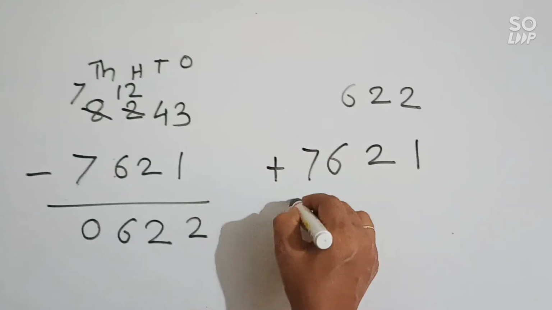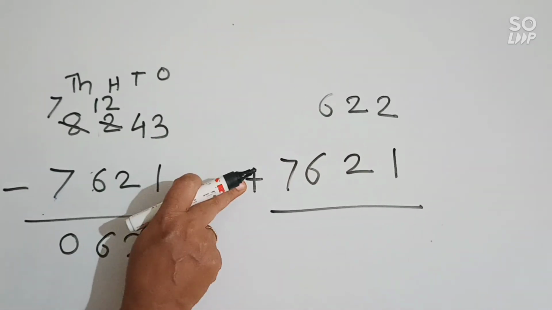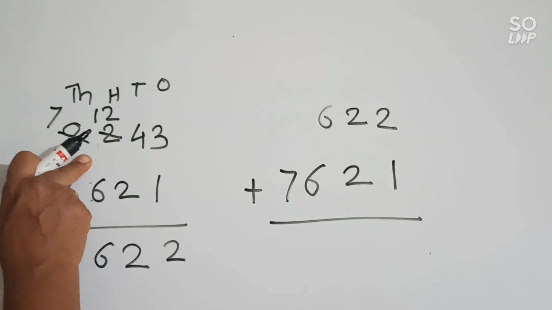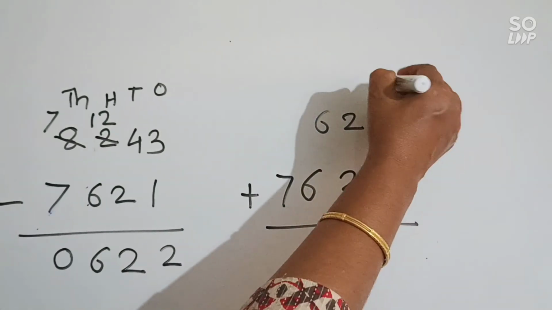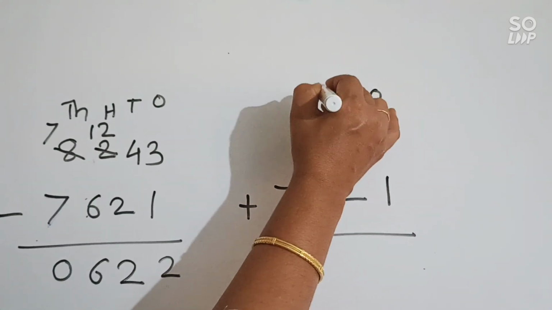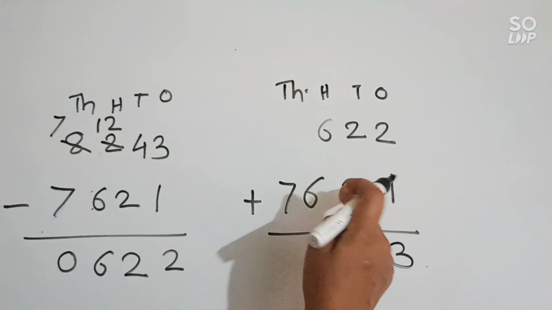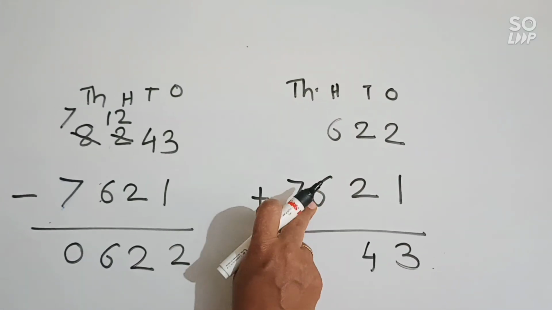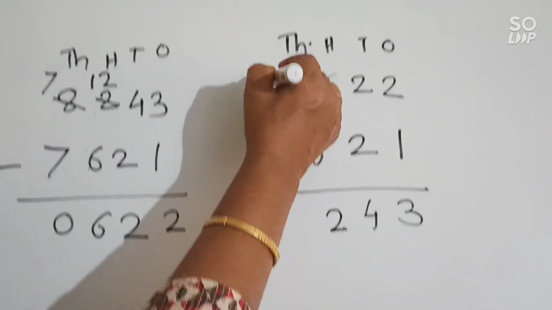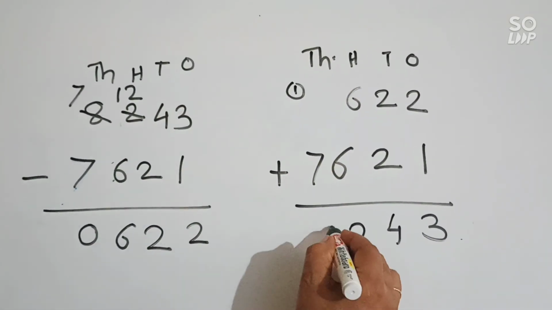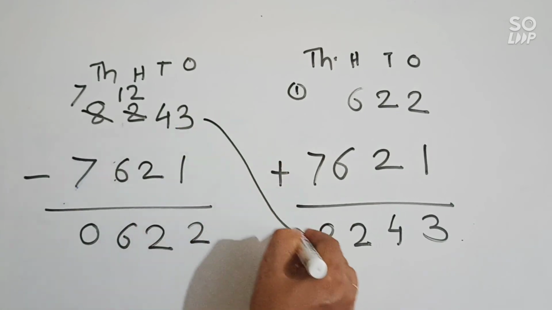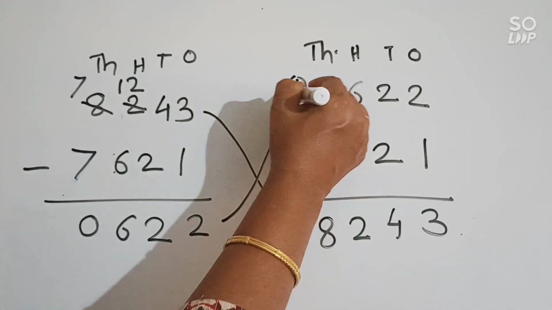When we add this, let's check whether we get the minuend or not. 2 plus 1 is 3, 2 plus 2 is 4, 6 plus 6 is 12, 1 carry over and 1 plus 7 is 8. Yes, we get the minuend.